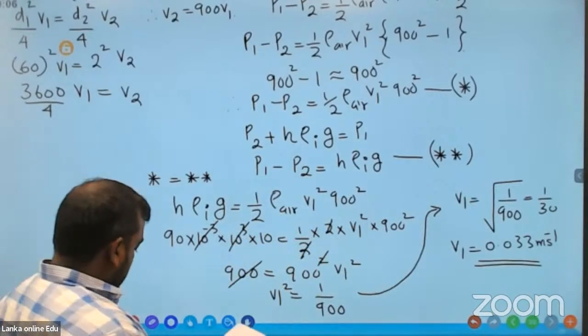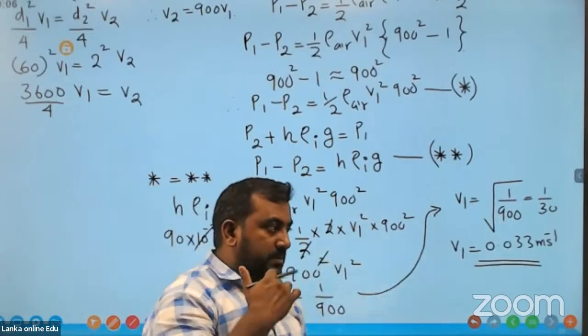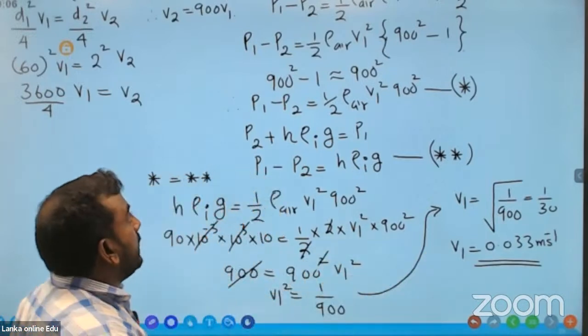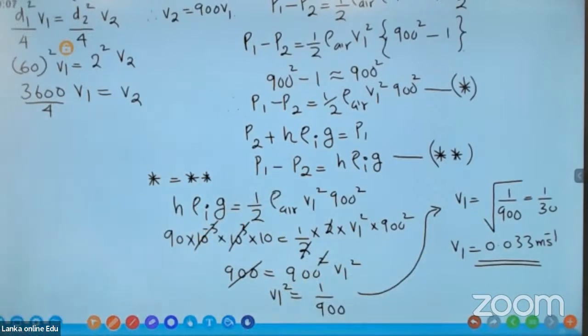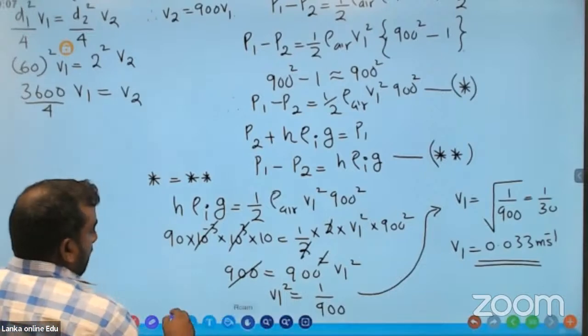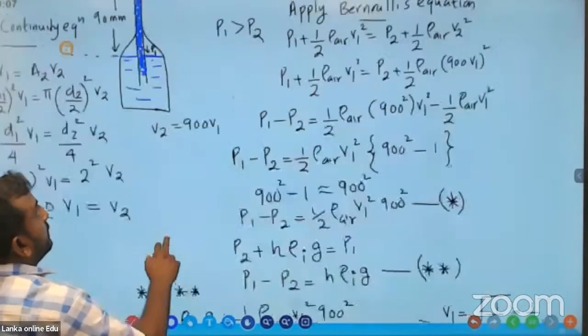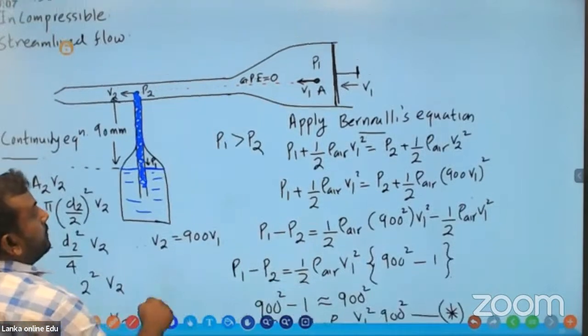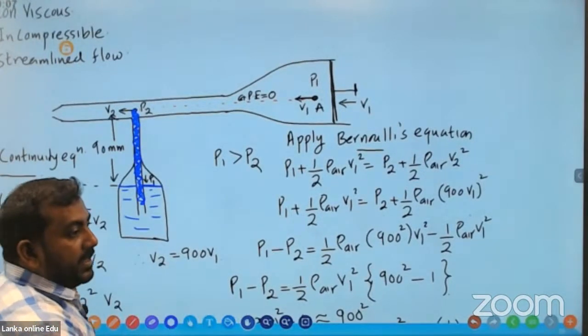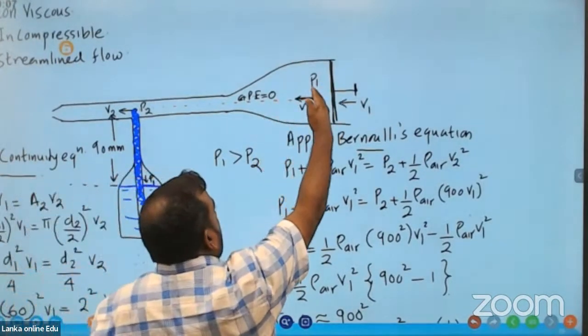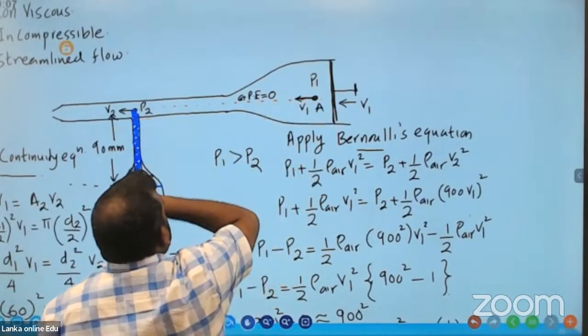You can see there's a nice progression in the question. If I show it again from the beginning, here you go. The moment I push from this, air is going to quickly rush.